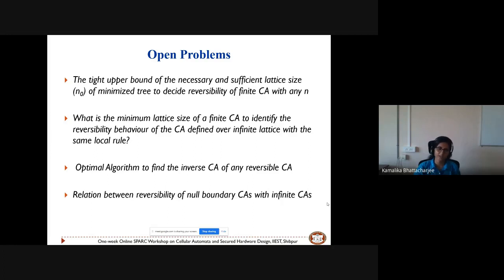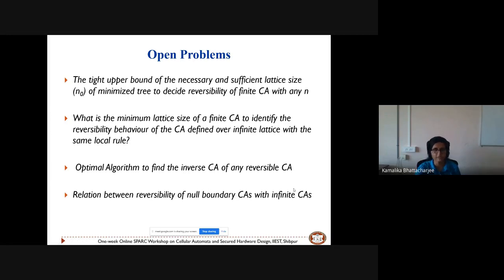Then you can think of developing one optimal algorithm to find the inverse CA, and whether there exists some relation between null boundary CAs and infinite CAs. So these are the open problems of reversibility for one-dimensional CAs.